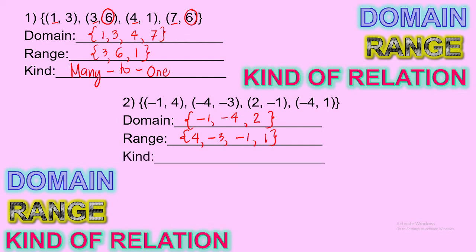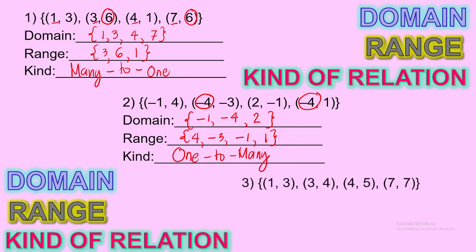And you have noticed that the repetition now is found where? In the domain. -4 is repeating, and it's in the domain. This is what you call a one-to-many relation.